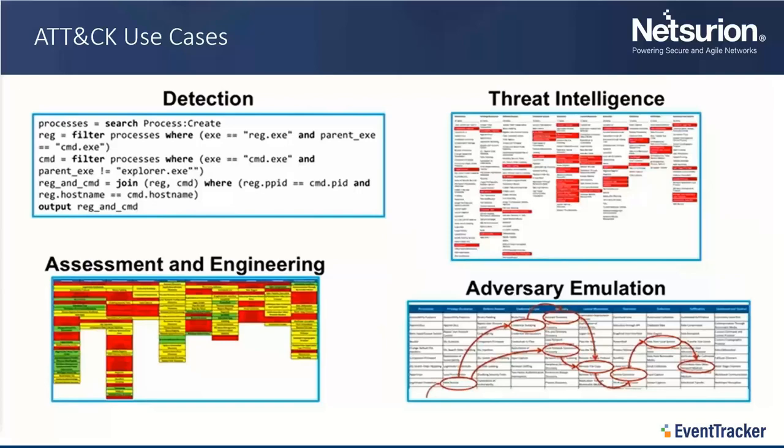Adversary emulation on the bottom right. This is key. That goes above just initial protection early in the cybersecurity kill chain. This is an operation that's based on data.